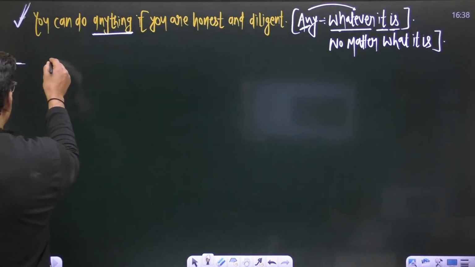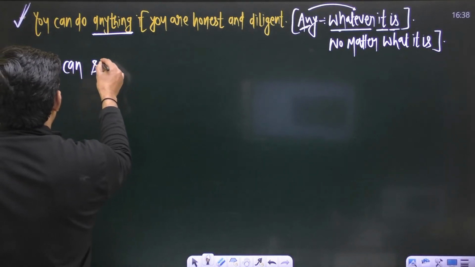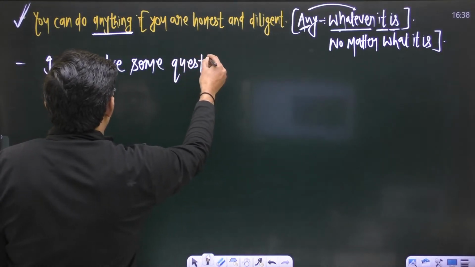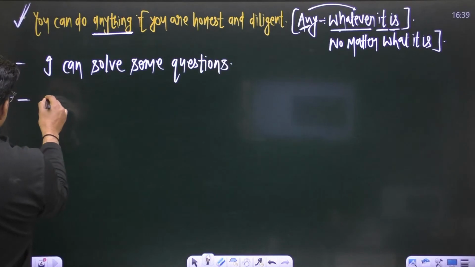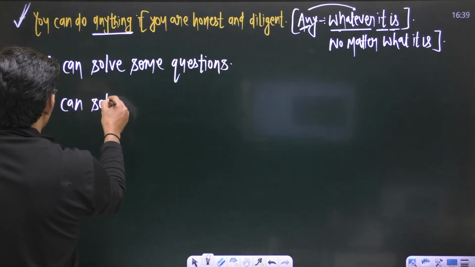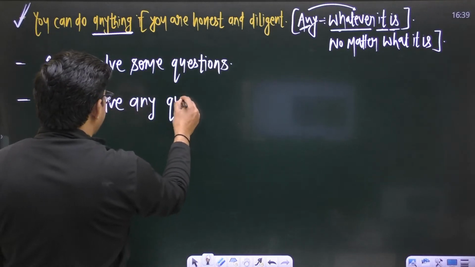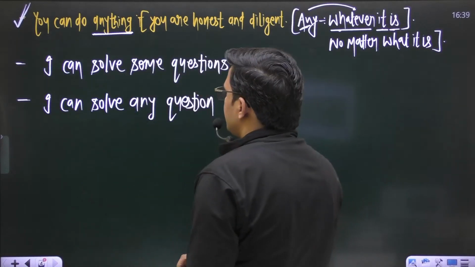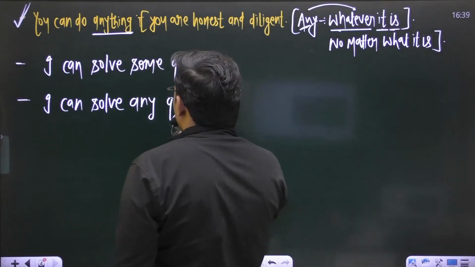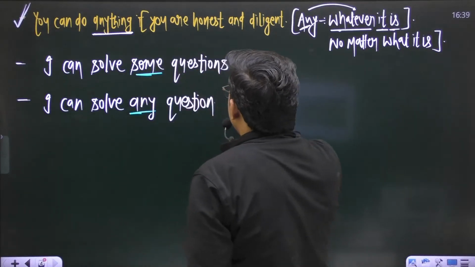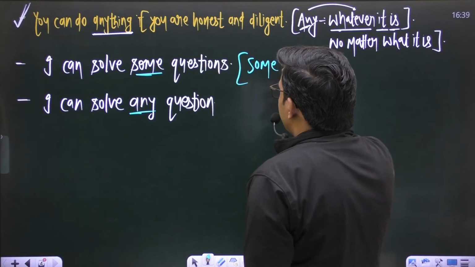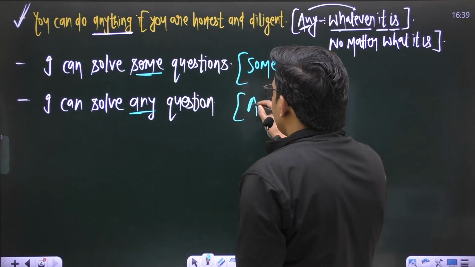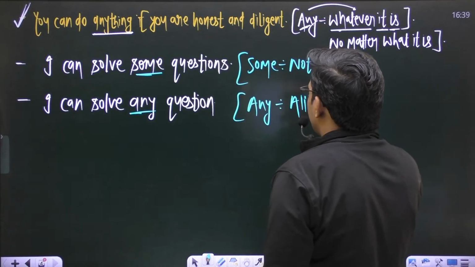And make it sure. If I say I can solve some questions, and another sentence is I can solve any question. Another application of both the determiners: make it sure this word some shows the sense of not all, and this word any shows the sense of all.